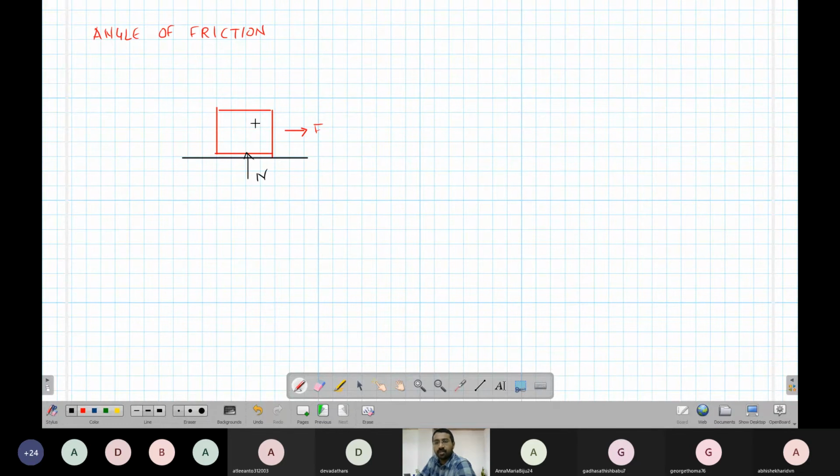We have the weight here. Then we have the friction force here. What you have to do is isolate these two forces, the friction force and the normal reaction.